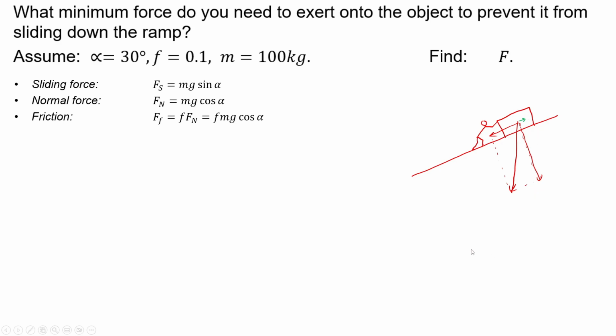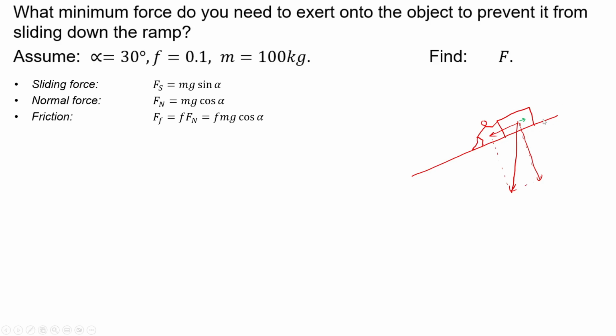And now the point is that preventing an object from sliding down means basically keeping this object motionless, okay, keeping it in place. Without any additional action from this person, it may be a woman, we need to balance the forces that are acting on this object.